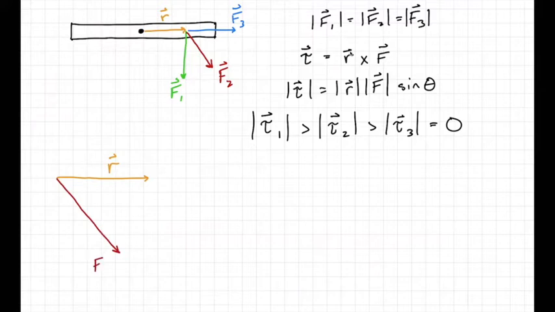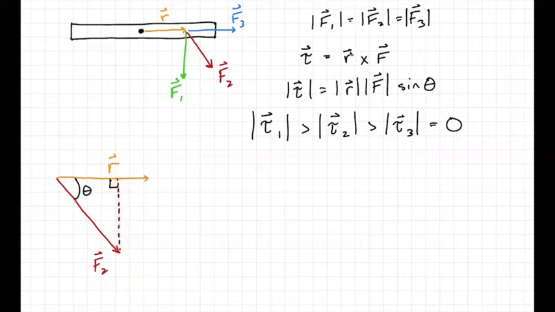What I'm really doing with an expression like this is I'm asking, how much of the force vector is perpendicular to this R vector? One way to conceptualize that is to say, okay, I've got an angle here. If I imagine dropping down a little perpendicular to the R vector, a little right triangle here, the part of this force that's going to cause torque is this length right there. And that is F sine theta.